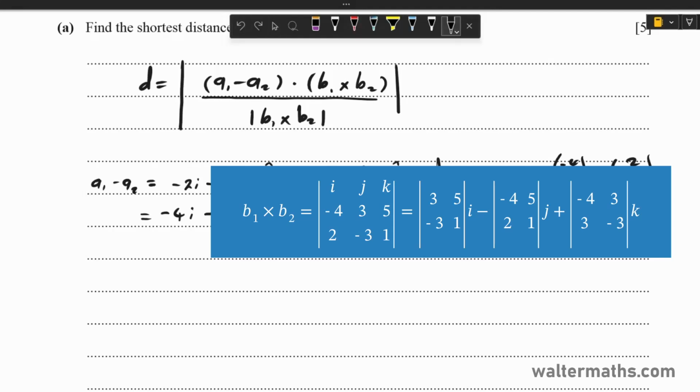So I have 14j. And lastly I am going to close out this, and we do 12 minus 6, which is 6. So here we get 6k, like this. So we now have B1 cross B2.